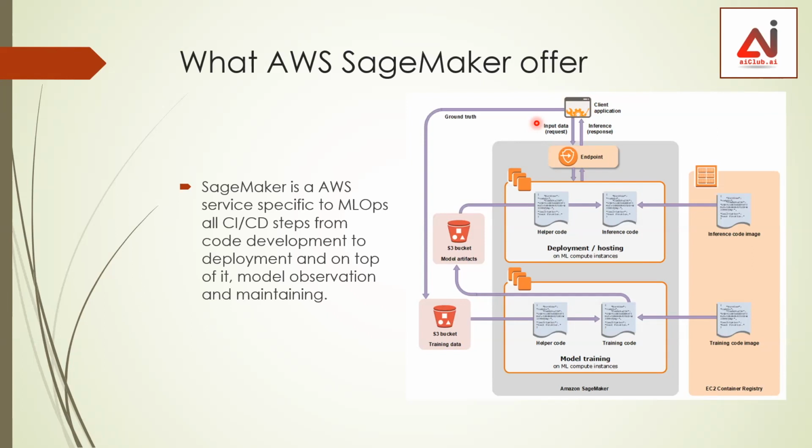And all the deployment of the model happens on EC2, like an EC2 container. EC2 is nothing but your Amazon cloud. So on Amazon cloud we deploy our model, and all the data and all the model artifacts are stored in the S3 bucket.